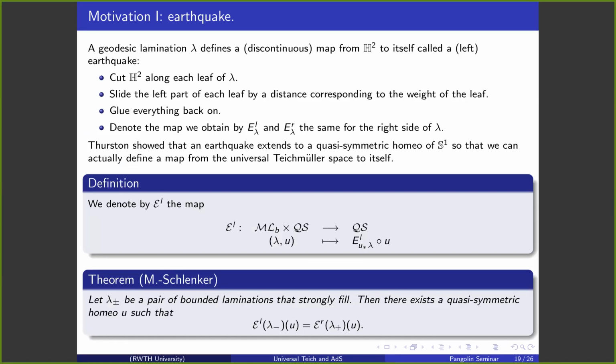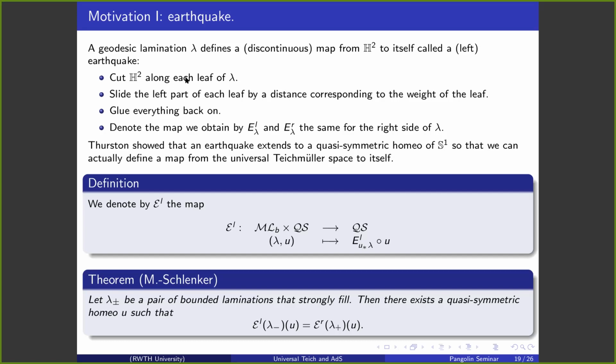So earthquake is this: if you have a geodesic lamination, you can do the following thing to define a map from H2 to itself. What you do is you cut. For simplicity, say every geodesic of the lamination is isolated, because every lamination is actually a limit of laminations with isolated leaves. So let's define earthquakes from this simpler lamination, and the general procedure would be a limiting process.